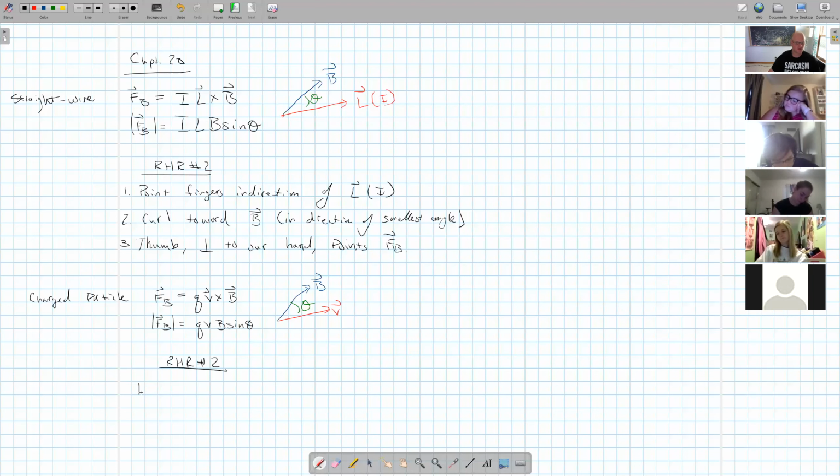So right-hand rule number 2, the only difference here is now instead of pointing in the direction of the current, we now put it in the direction of the velocity, and everything else stays the same.